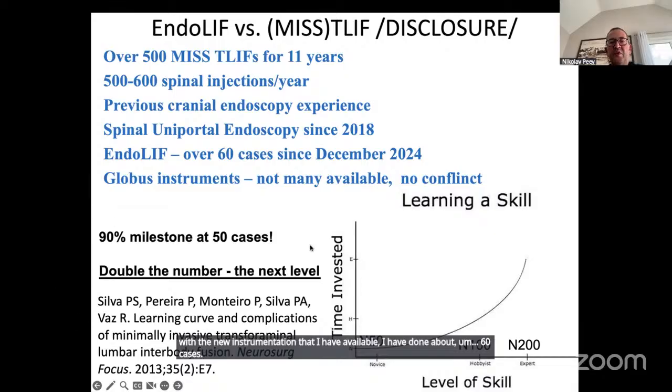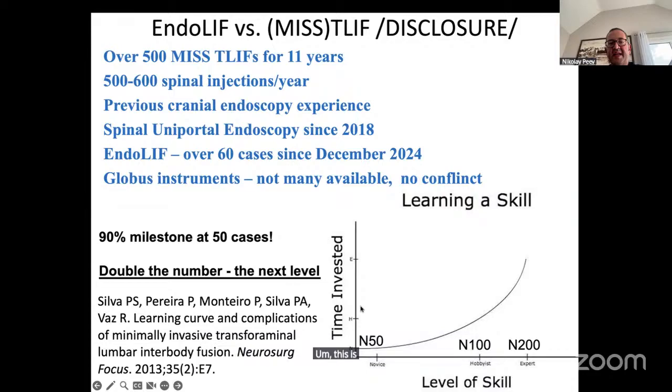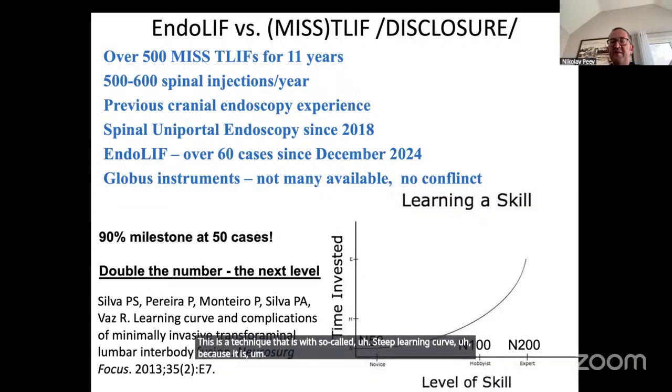I wanted to show you this graph. This is like many of the minimally invasive approaches. This is a technique with a so-called steep learning curve, because it is demanding for your understanding and for your skills.